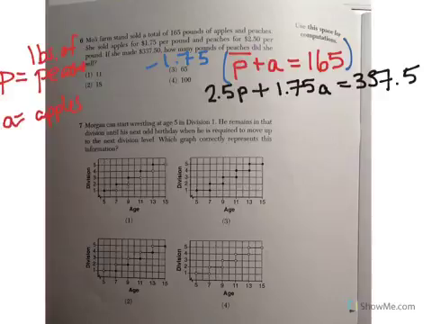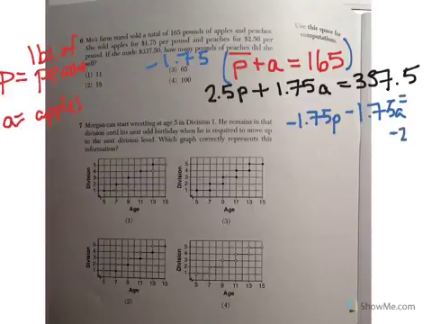And when I do that, I'm left with negative 1.75p minus 1.75a equals negative 288.75.